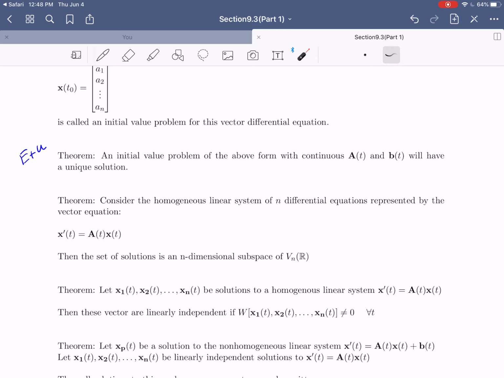So again, in general, the Wronskian doesn't tell you that. But if you have the extra piece of information that you are looking at n vector functions that are all solutions to a homogeneous linear system, then the Wronskian tells you everything you need to know. It's either always non-zero, meaning they're linearly independent, or always zero, meaning that they're linearly dependent.